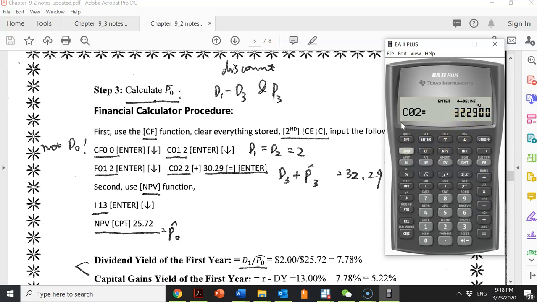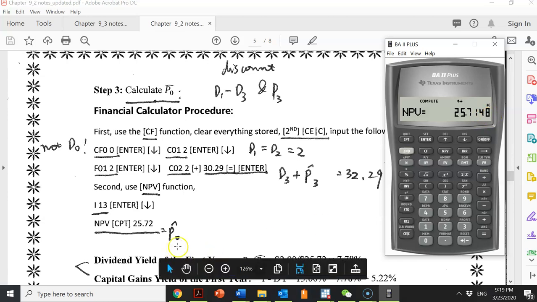Enter. Down button. Frequency 2, 1. Make sure we have 0 as cash flow 3, and 0 as cash flow 4. And we go to NPV. I should be 13 still. 13. Enter. Down button. Compute for NPV. 25.7128 as P0.